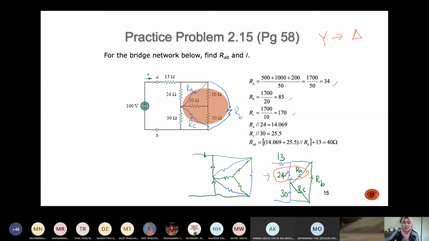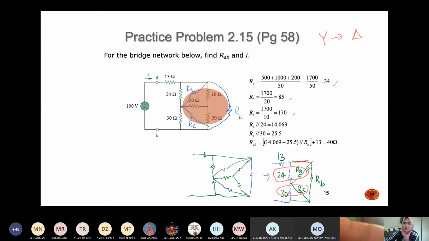RA and 24 ohms are in parallel because this is the same node. So RA and 24 ohm is a parallel connection, and RC and 30 ohm is a parallel connection.